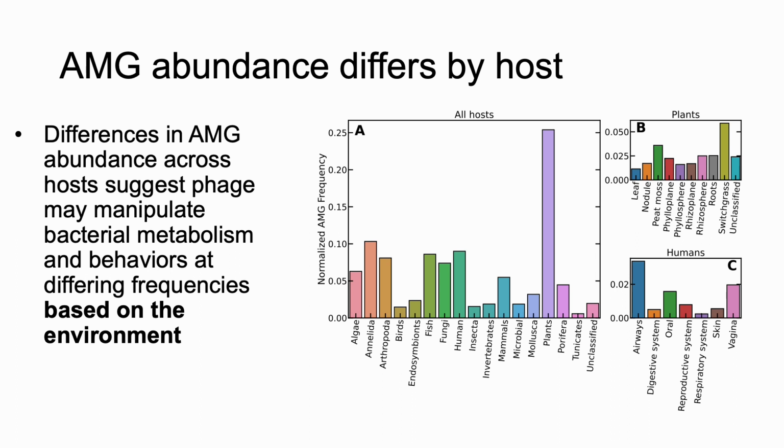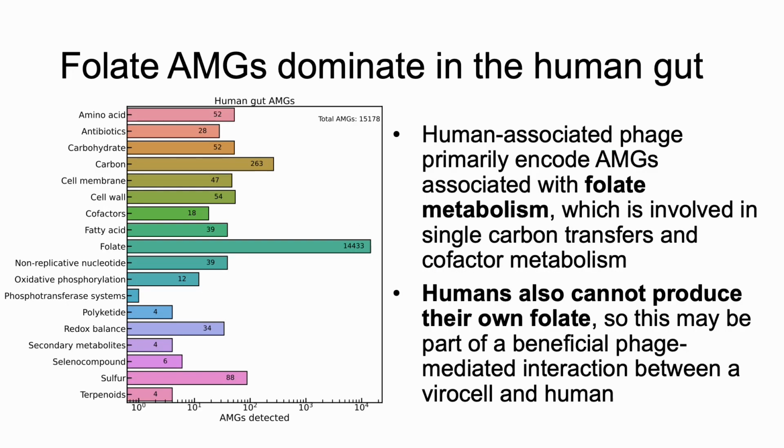Although there do not appear to be many AMGs in the human gut in particular, this is still an extremely relevant environment for human health, so I want to zoom in further into the specific functional categories for this sub-environment. On the left is a chart enumerating the number of AMGs detected in the human gut for a given category of metabolism. I just want to point out to you that the x-axis is on a log scale. Now, with that in mind, notably, folate metabolism is the dominant AMG pathway encoded by phage in the human gut.